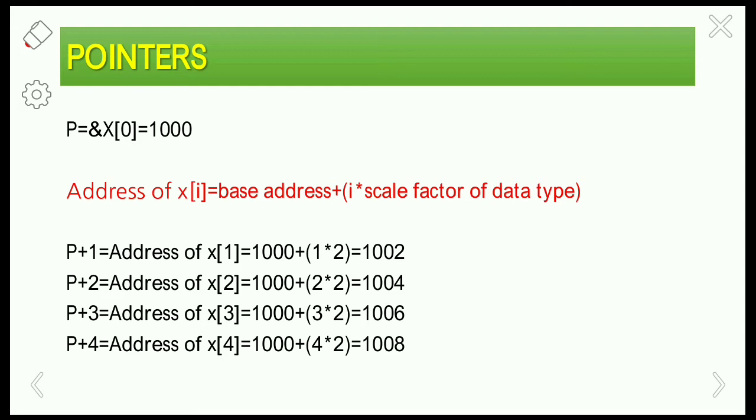If you are using a 16-bit machine it will be different, or a 32-bit machine it will be different. So we have to take the scale factor of the particular data type, which may be integer or float, and then perform the multiplication of the index with the scale factor of the data type. Then we can point to the particular location.